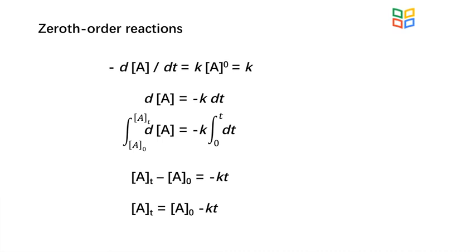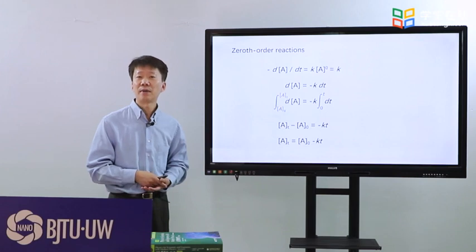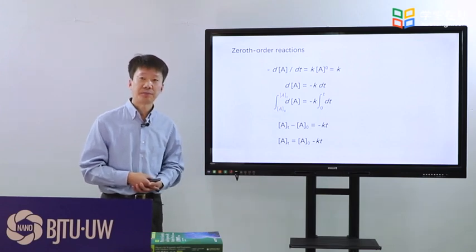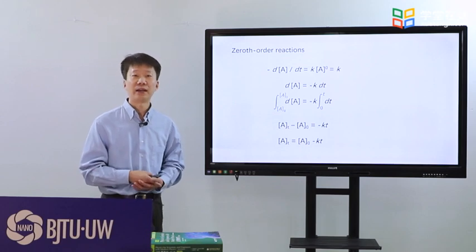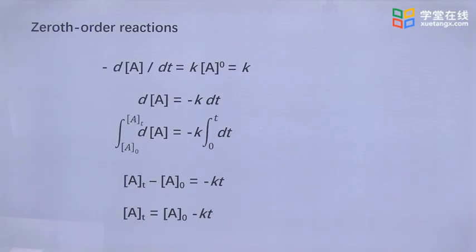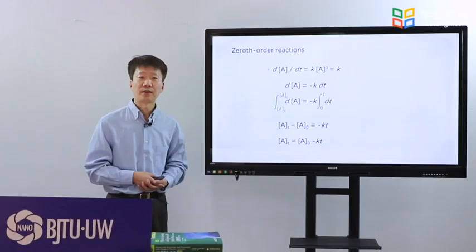Then we rearrange the equation and integrate it from A0, the initial concentration, to the concentration at any time, At, from time 0 to time t. We finally have the concentration of A at any time t equals the initial concentration minus k times t.